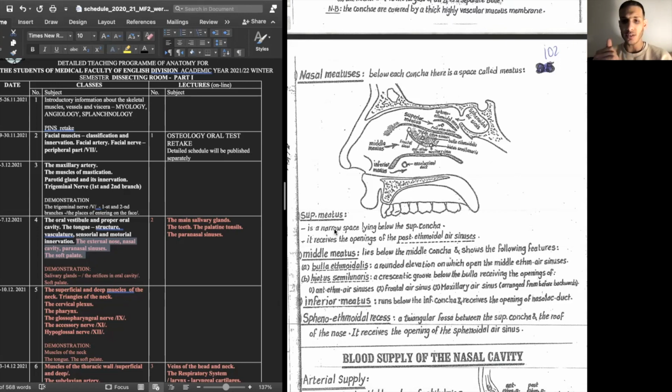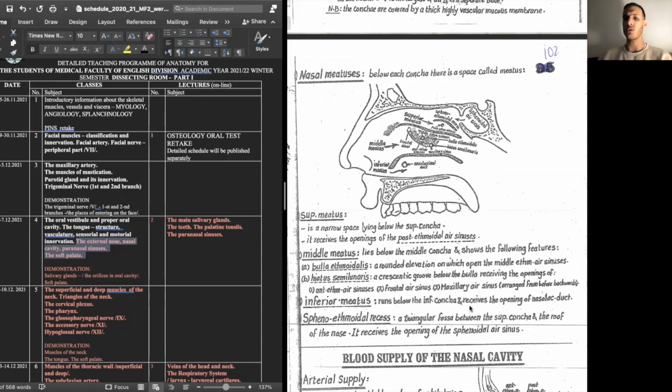Now, for the frontal sinus, it is located within the frontal bone. The ethmoidal, of course, is located within the ethmoidal bone. The frontal air sinus opens at the hiatus semilunaris at the middle meatus. The maxillary air sinus is located in the maxillary bone and opens at the hiatus semilunaris in the middle meatus.